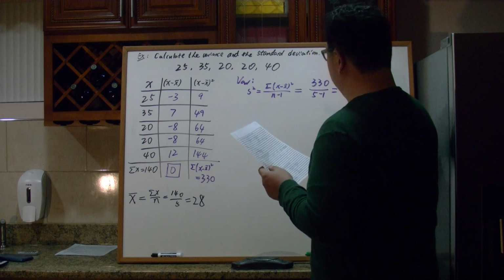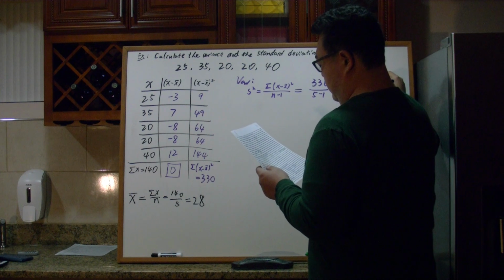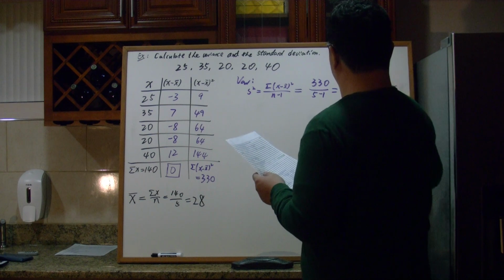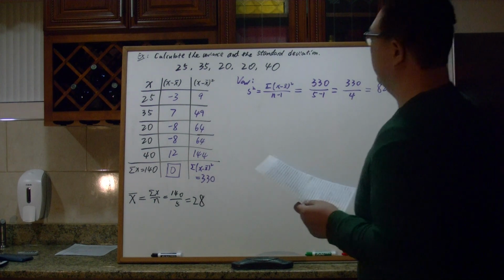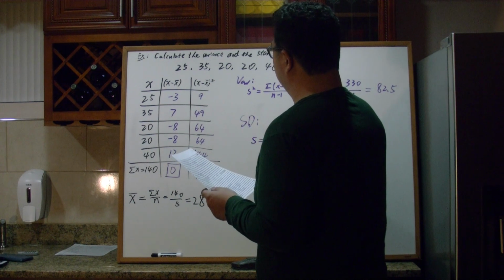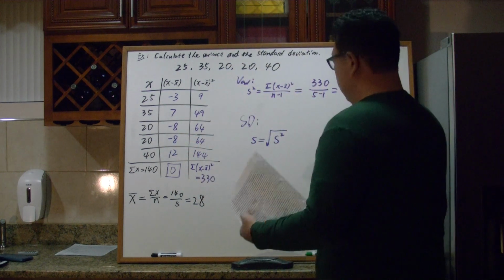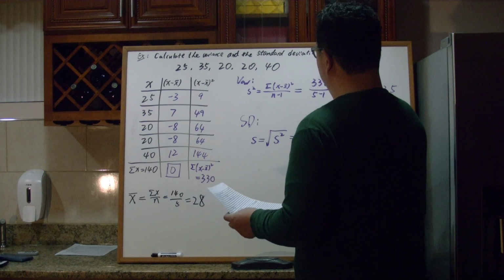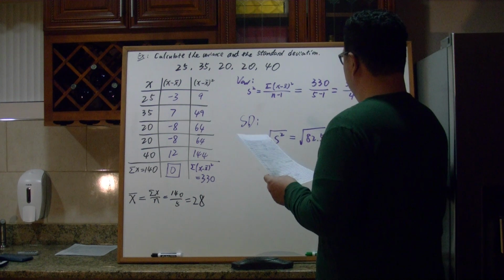That is 330 divided by 4, which is 82.5. Then the standard deviation, we're able to find: s equals the square root of s squared. That is the square root of 82.5, which we use a calculator to find, 9.08.